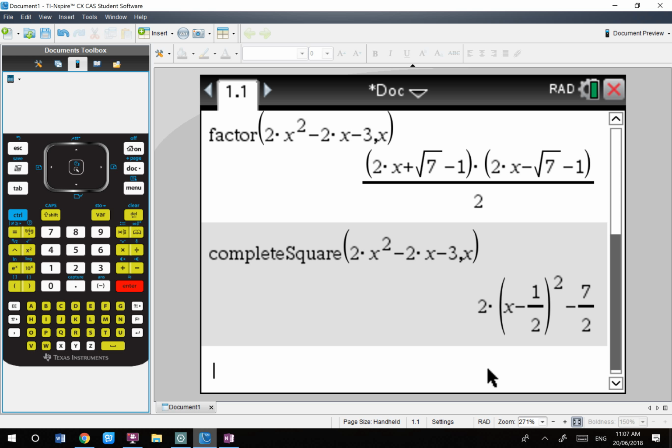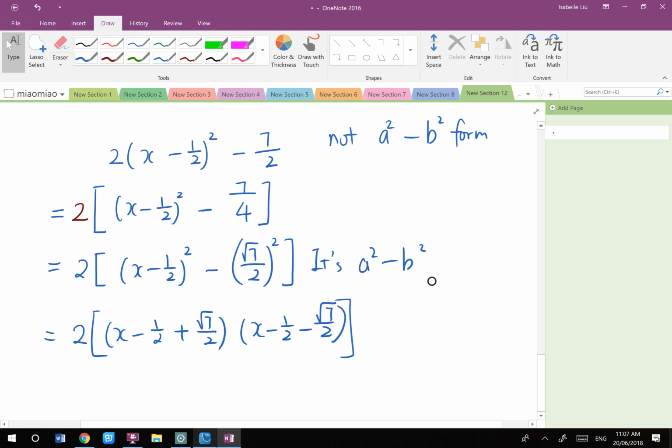I just show you can complete square by calculator and you can further factorize. For example, the question is factorize that, and then that's the factorize form. You need to be careful with that too if you want to go from the completing square form to factorize it.